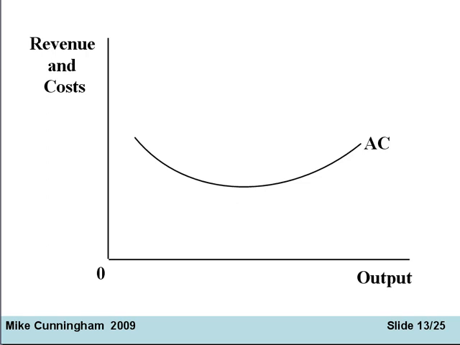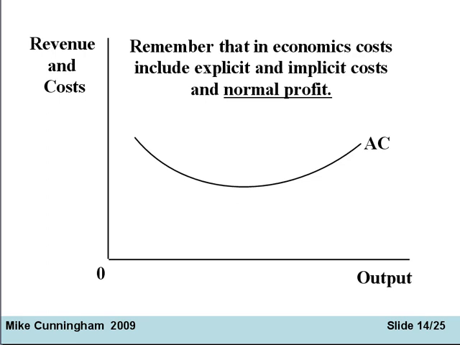As output continues to grow, at some stage the factory gets too big, or the processing plant gets too big, it becomes complex, the machines start to wear out faster, workers are getting in each other's way, it becomes congested, etc., etc., and costs start to rise. So we have a U-shaped curve, really reflecting the law of diminishing returns. I suppose it is the law of diminishing returns which gives us that curve.